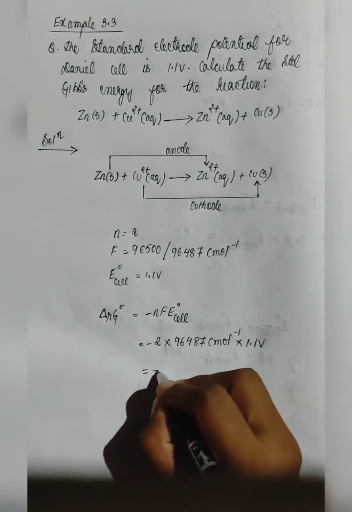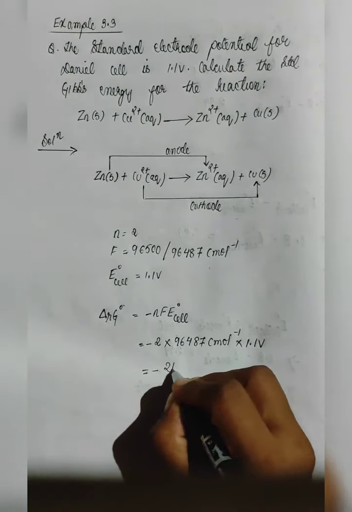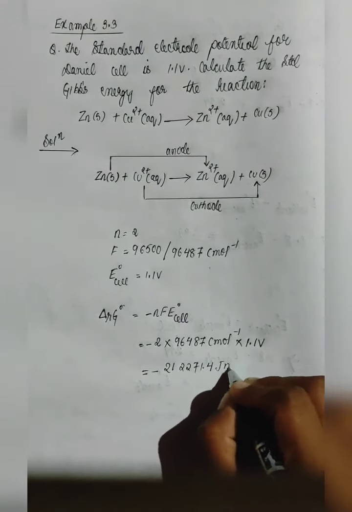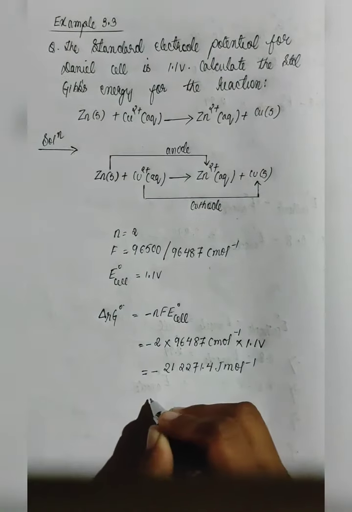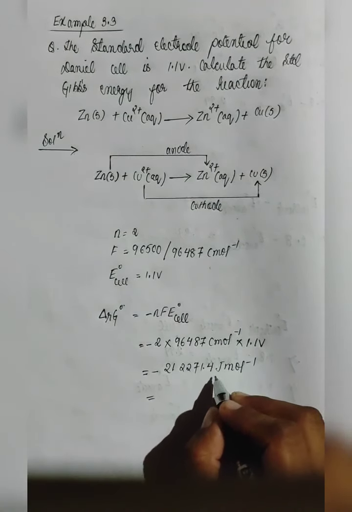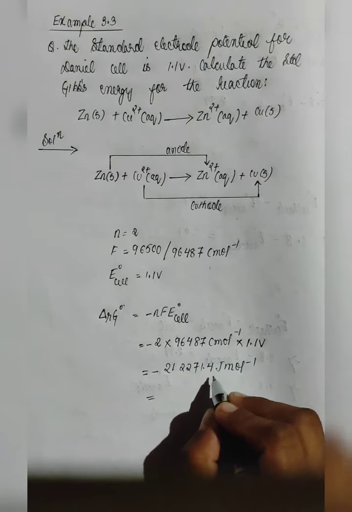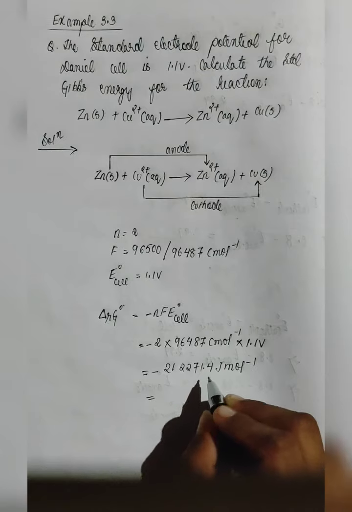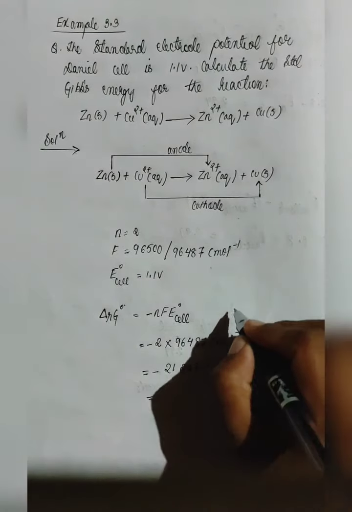Now upon calculation we'll get 212271.4 joules per mole. Now if we have to convert joules to kilojoules, 1 kilo is equal to 1000. So 1000 has 3 zeros.